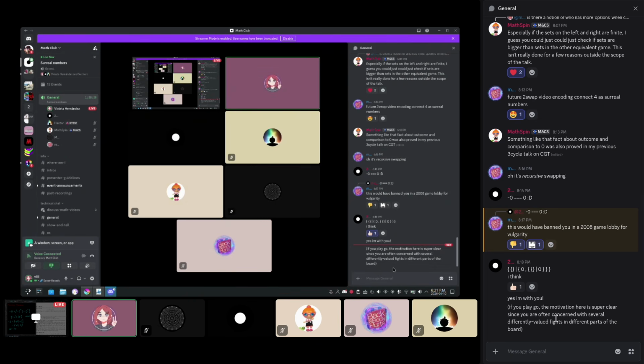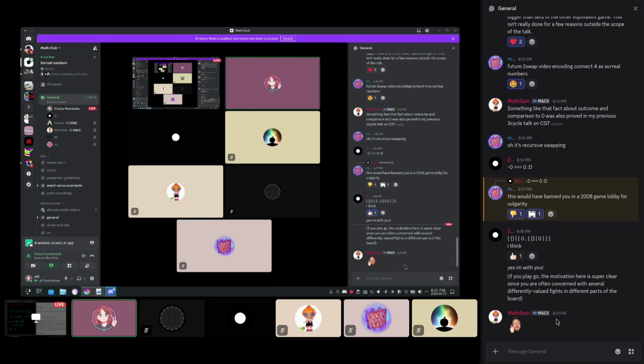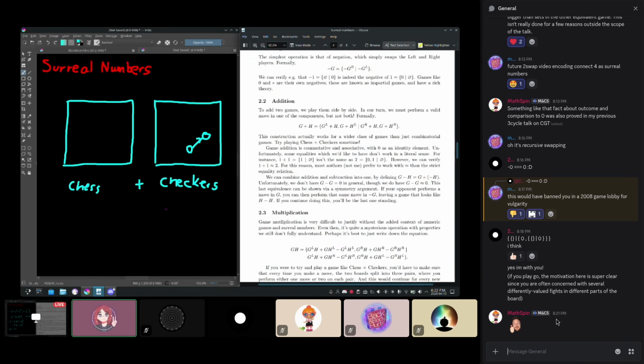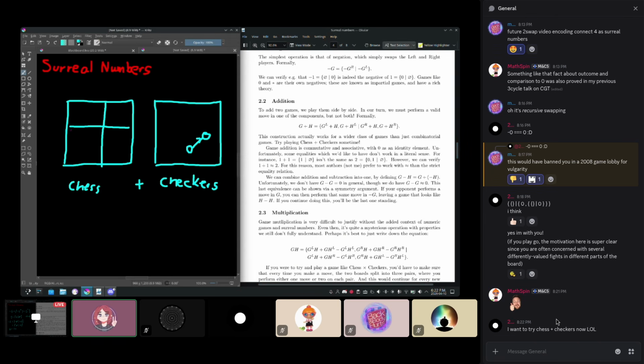Yeah, exactly. If you play Go, then it's not just Go. The idea behind addition is that you're usually not going to play chess plus checkers, but you might have some other game. Go is the most common example, where as you play and make moves, the board naturally splits up into independent parts.